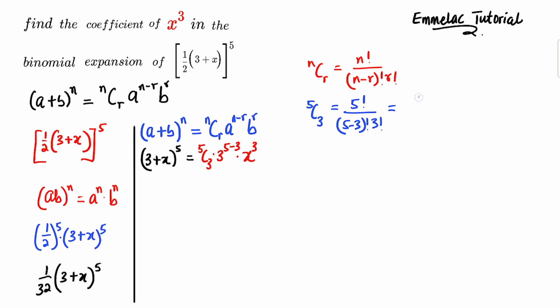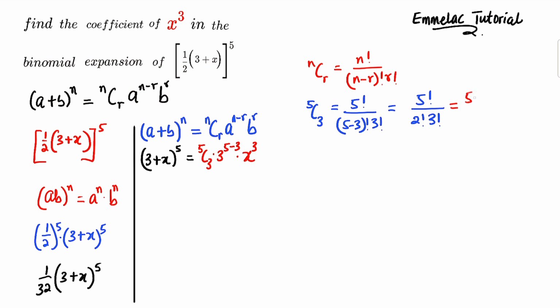Take note, this gives us 5 factorial all over 2 factorial times 3 factorial. Why 2 factorial? That's because 5 minus 3 gives us 2. So we move ahead. I want to simplify 5 factorial, and I'll be stopping at 3 factorial because I'm having 3 factorial as the denominator.